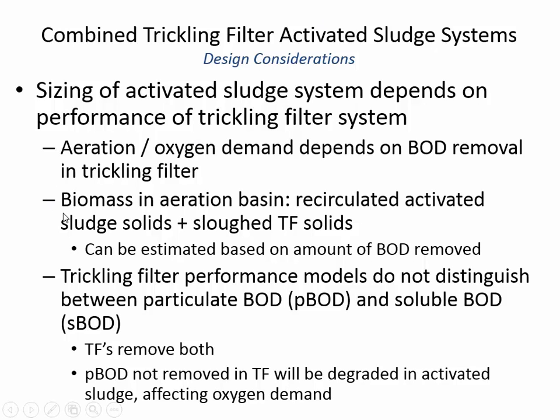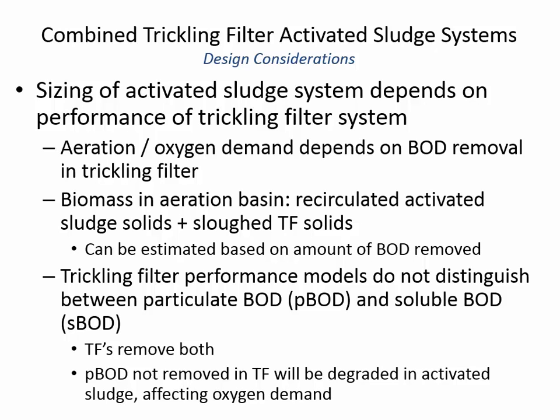The other thing I wanted to point out from this slide is that the trickling filter is more effective at removing particulate BOD than the activated sludge. Remember, the BOD is in two places. There's some dissolved BOD that's in the water, and there's some particulate BOD that's in suspended solids.